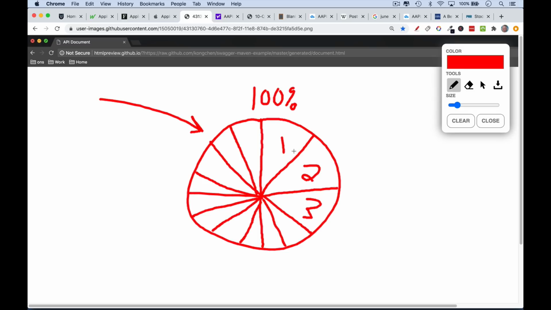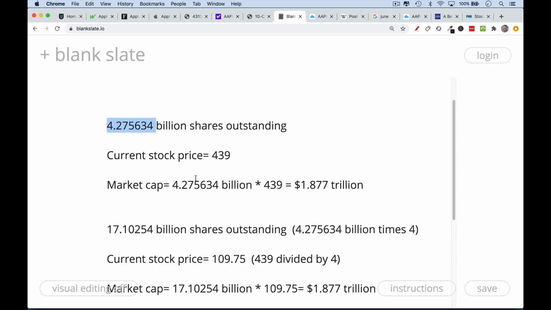Basically, we're taking the price of each of these little slices and the number of slices and multiplying them. So we take 4.27 billion essentially times $439 a share, which gives us a market cap of 1.877 trillion.